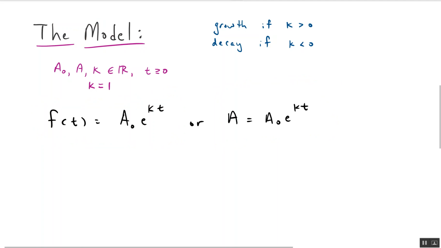Either of them are okay. The left one just uses the function notation with f, and the right one just uses A instead, or you could think of it as y. Either one is okay.